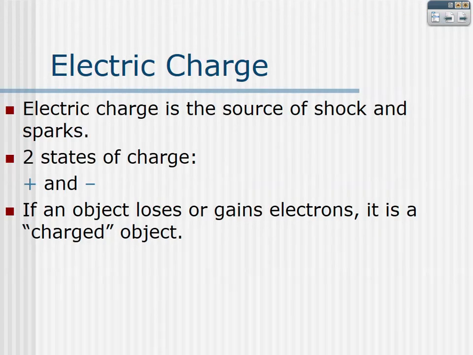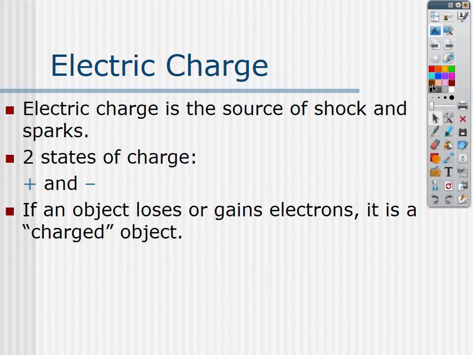So we first want to identify what we mean by electric charge. Electric charge is what creates that spark or shock. If you've ever had that static electric shock, that's because somebody has an imbalance of these protons and electrons and has a charge on them. We know the two states of charge, positive and negative.